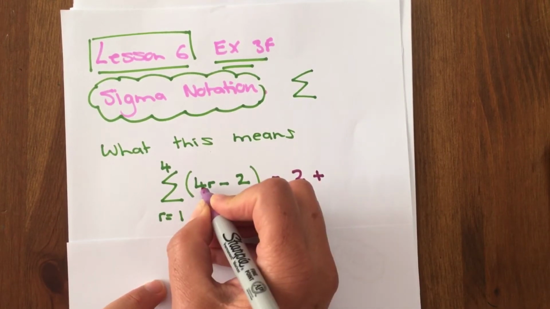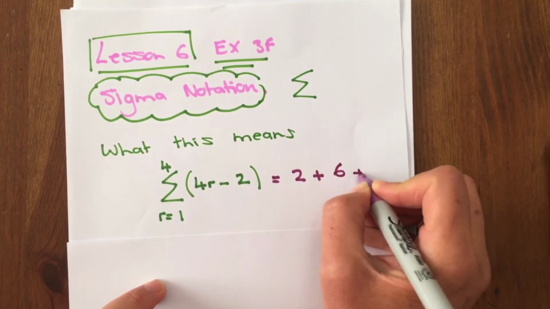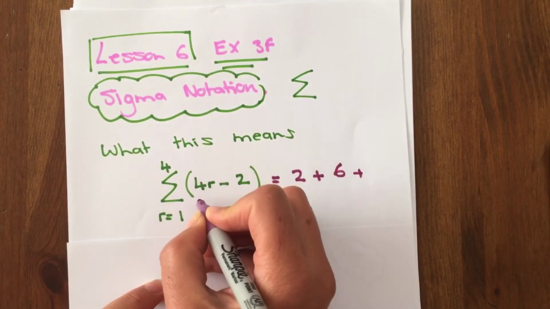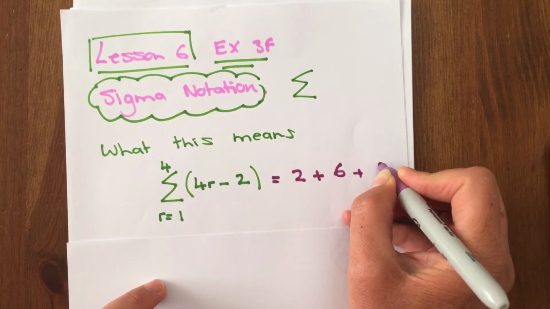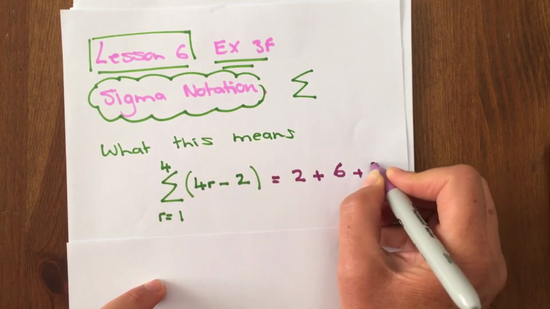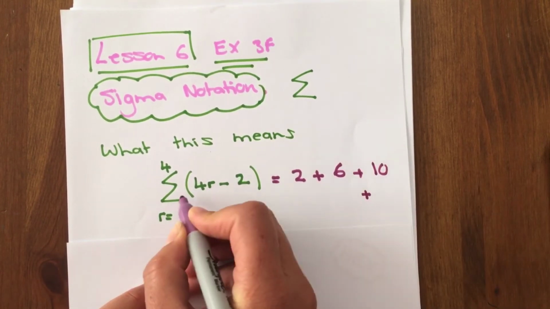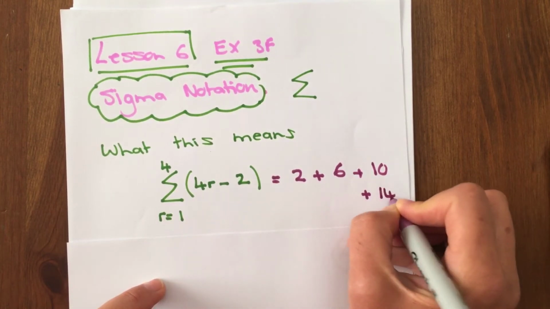If you put r equals 2 in here, you're going to get 8 minus 2 is 6. If you put r equals 3 in here, you're going to get 12 take away 2, which is 10. Plus, if you put r equals 4 into here, 16 take away 2 is 14.